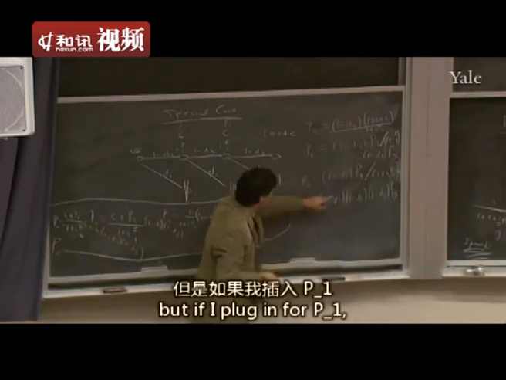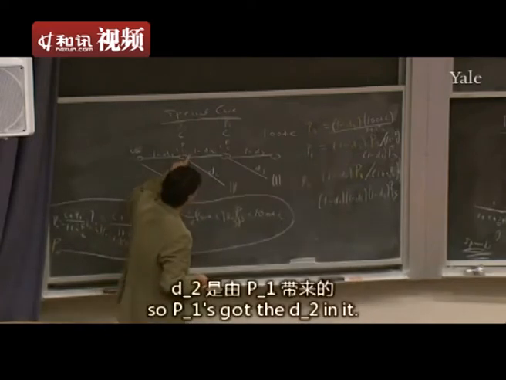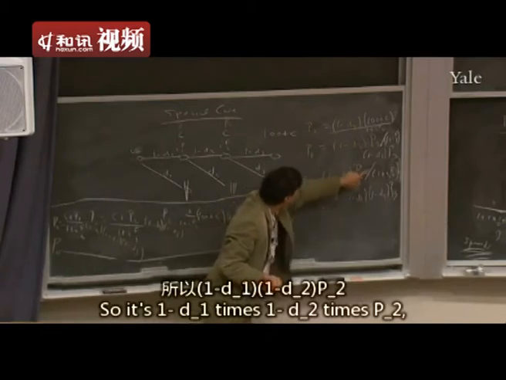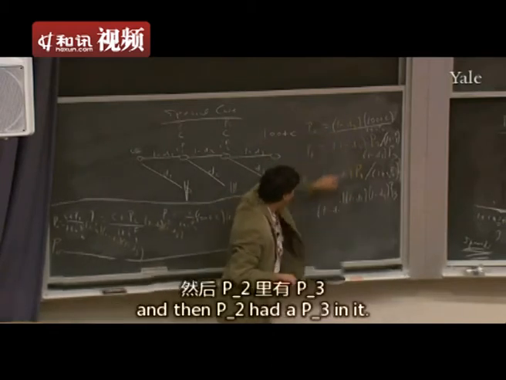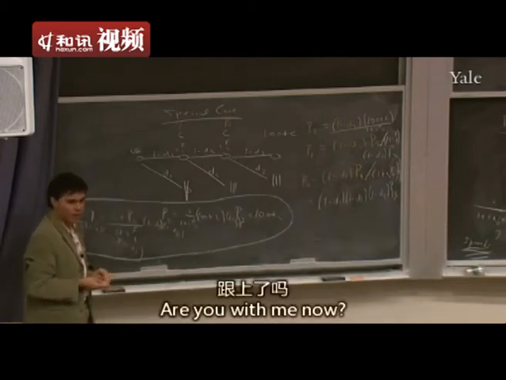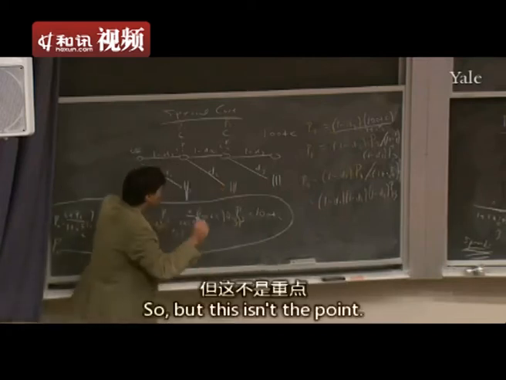You were right. But if I plug in for P1, P1 already had the D2 in it. So it's 1 minus D1 times 1 minus D2 times P2. And then P2 had a P3 in it. So I've got all the defaults in it. Are you with me now? Sorry about that, you were right. I said it wrong.